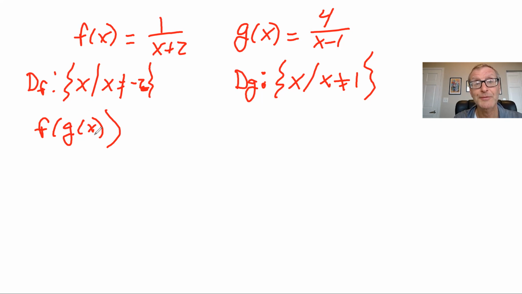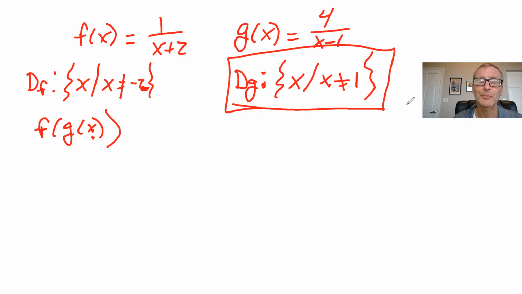The number starts in g, right? The x value would be a number. And so you can't plug the number 1 in, right? So in this case, when we do this calculation, x cannot equal 1. Because if I plug 1 in, you don't have a real number, so that doesn't make any sense. So that's the first strategy.